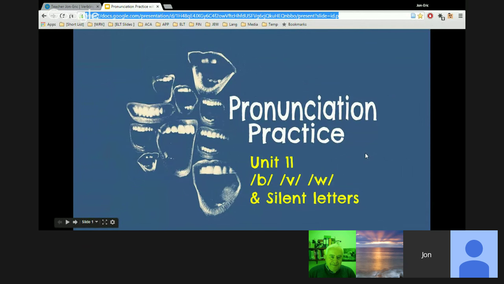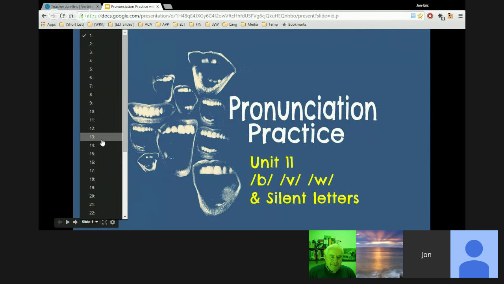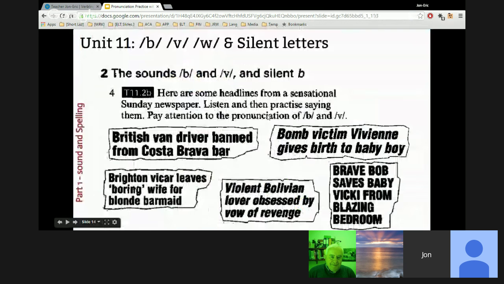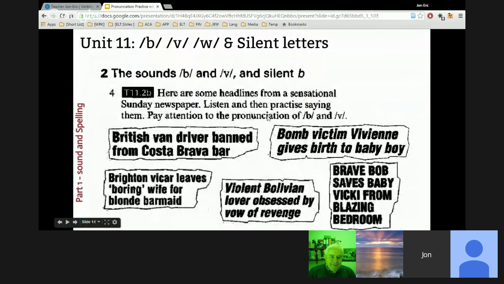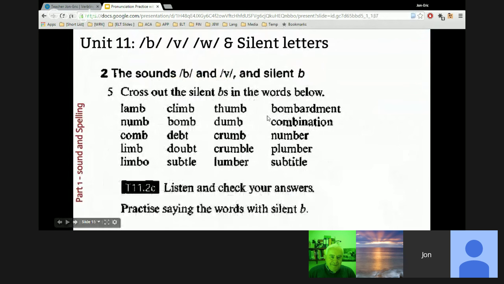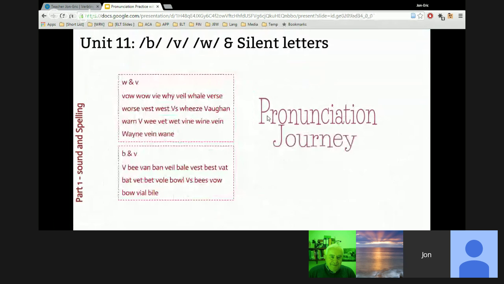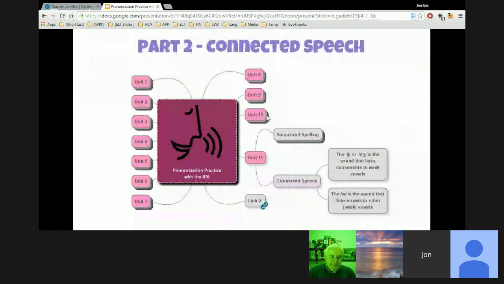It's used to connect other words. So if we jump forward, after this. Okay, here we looked at the silent B, a letter that is written but not pronounced. And in the last class, we were looking specifically at connected speech.